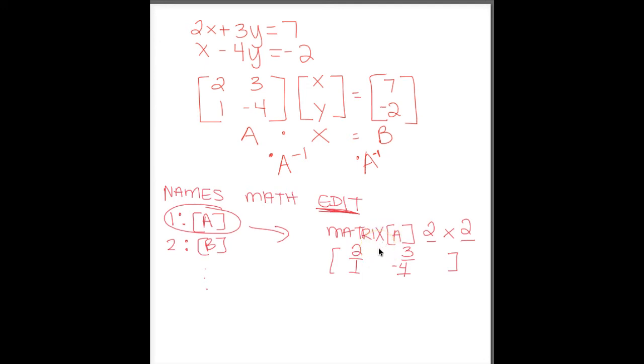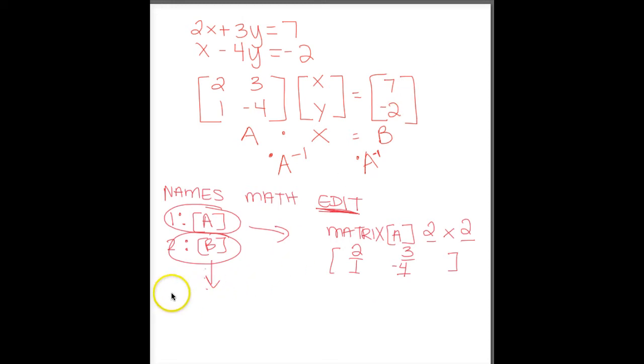Once you have that, go ahead and press second matrix again, so second, and then that same button we pressed, scroll over to edit again, and this time choose matrix B, because now we're going to edit the second matrix, matrix B, which is this one.